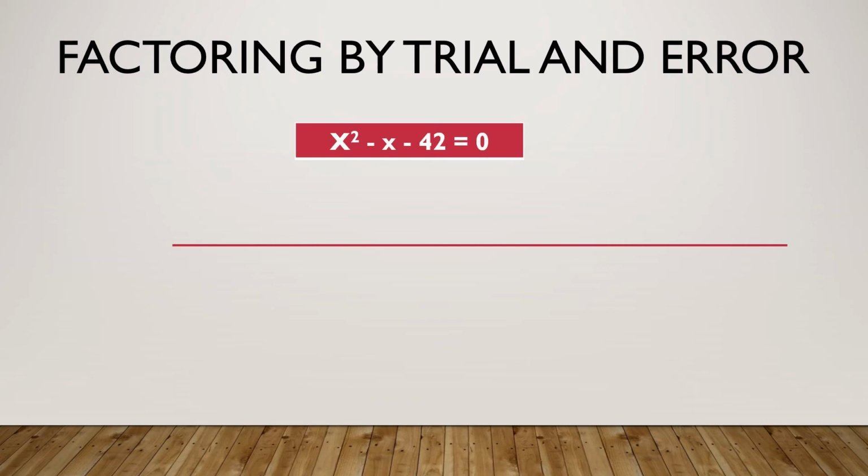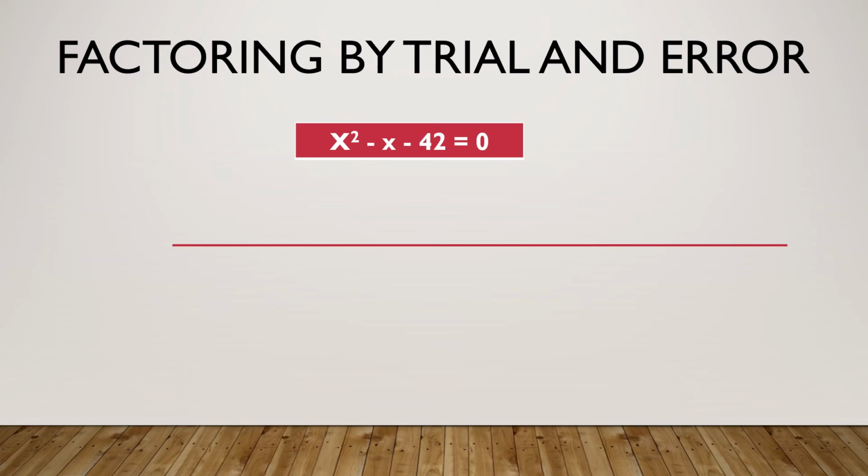Okay, so what are the possible factors of 42? Then if we're going to add or subtract those numbers, the resulting number will be the coefficient of the middle term, which is negative 1. So for 42, we can use 6 and 7, right?